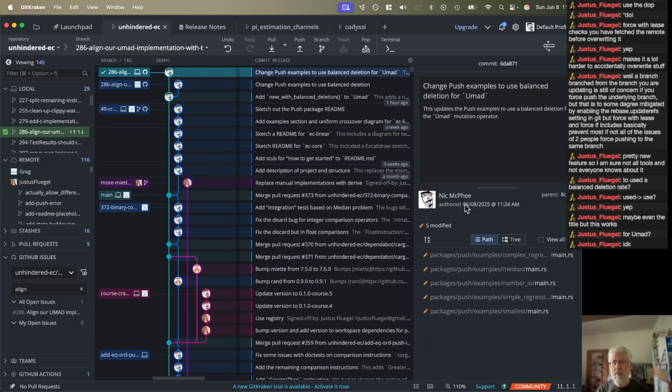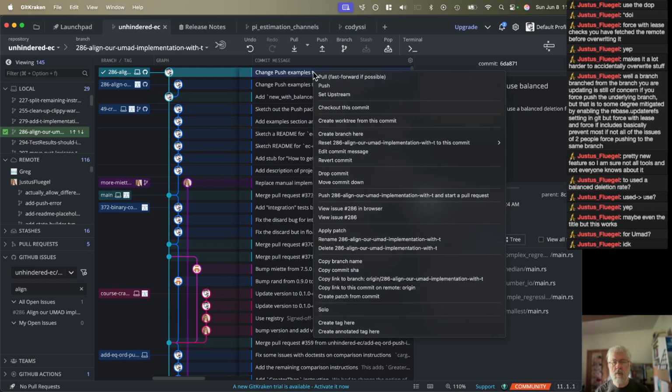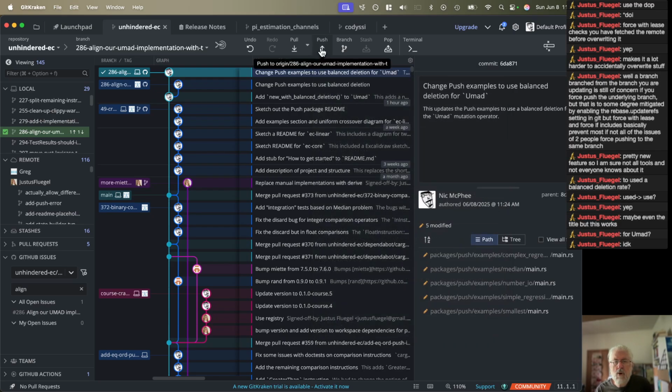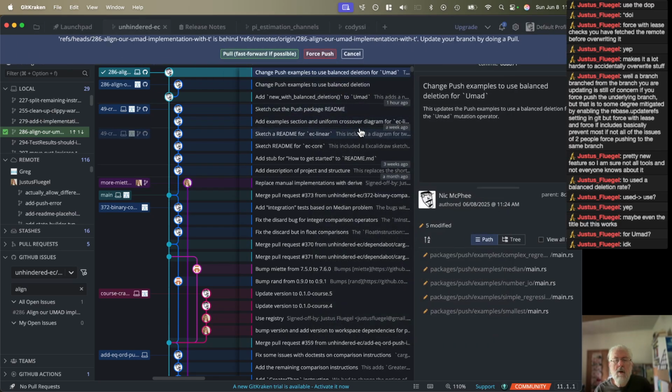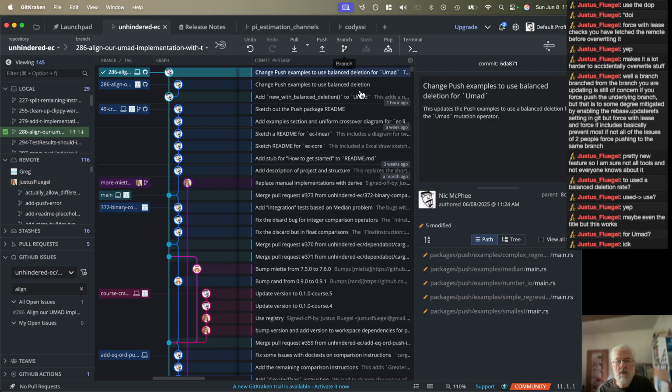So if I say update message, and now, right, so now I'm off here. So this would be where I would force push. Now might have to go to the command line for this, but I'm just curious to see if I say just push, it just gives me force push, but doesn't let me specify those options.